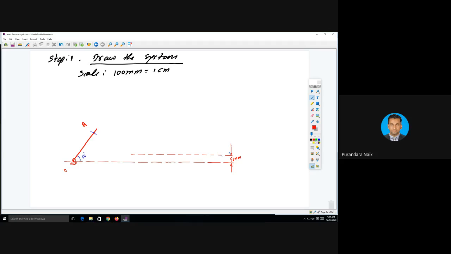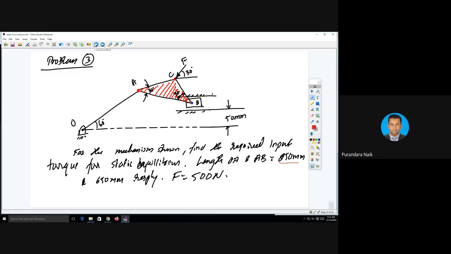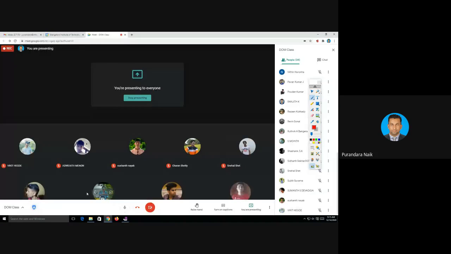Now we need to take the length of AB. What is the length of AB, Mr. Avanish? AB length. Mr. Avanish. Avanish, am I audible?